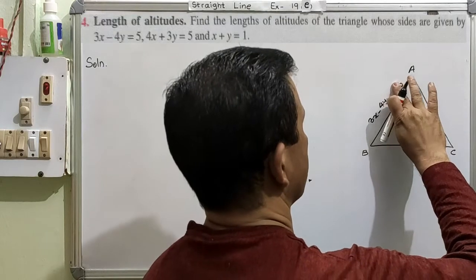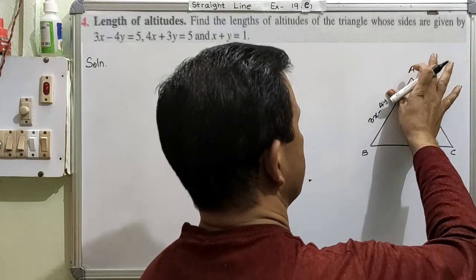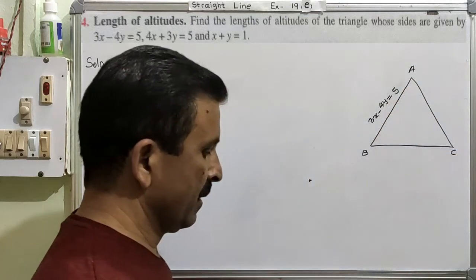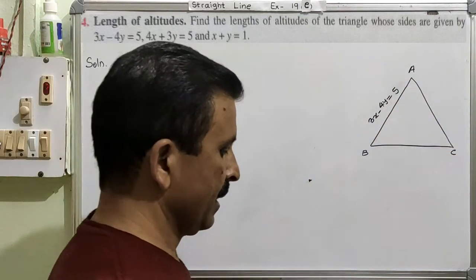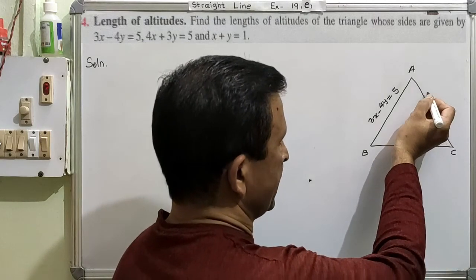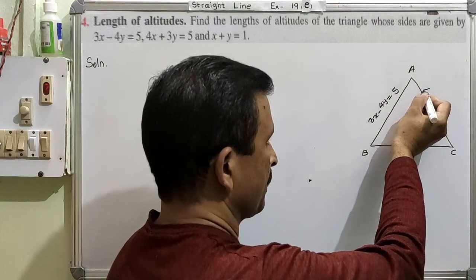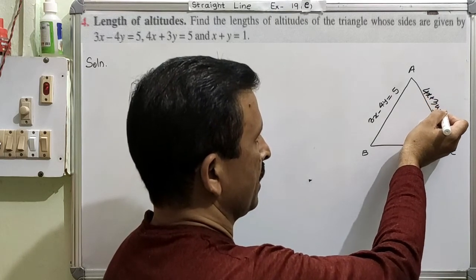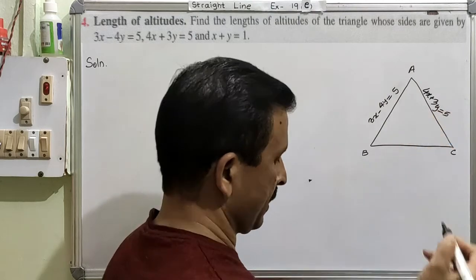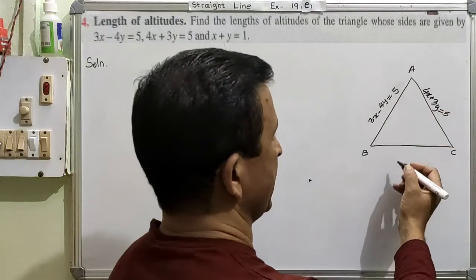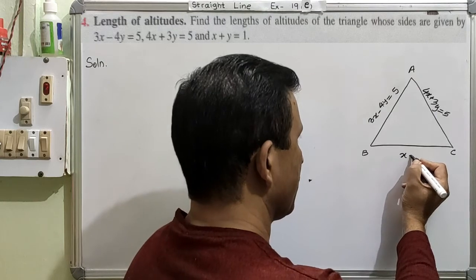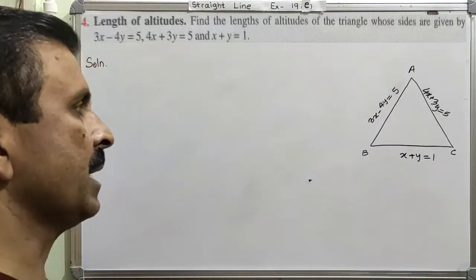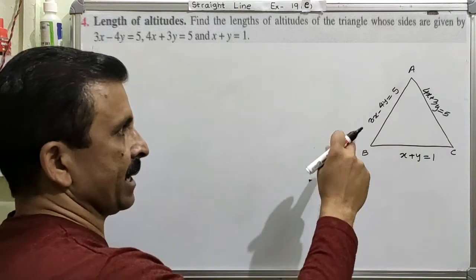This is the equation of the side AB. Then AC is 4x plus 3y is equal to 5. Clear? And the third side is x plus y is equal to 1. Now this is your question. Clear? This is your diagram.